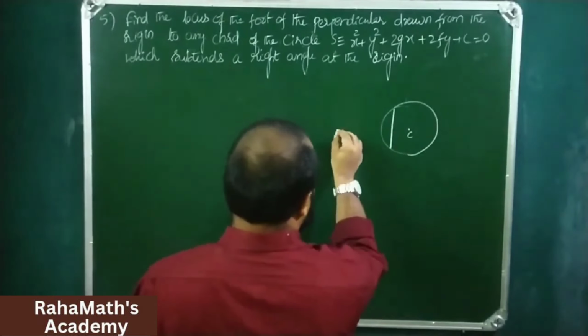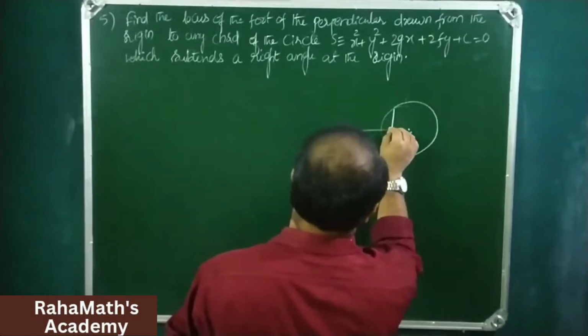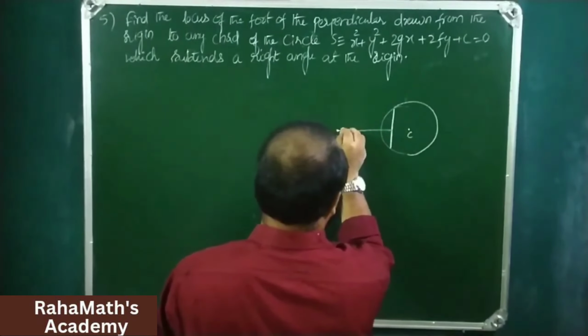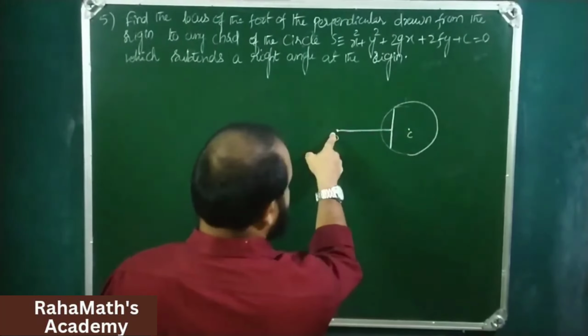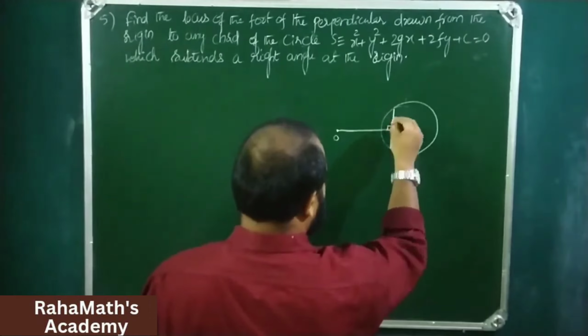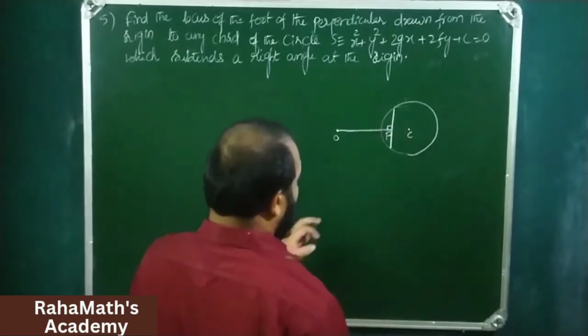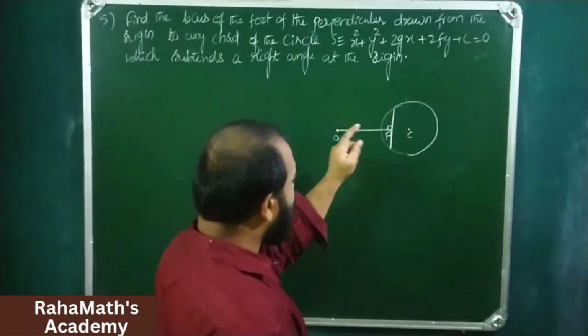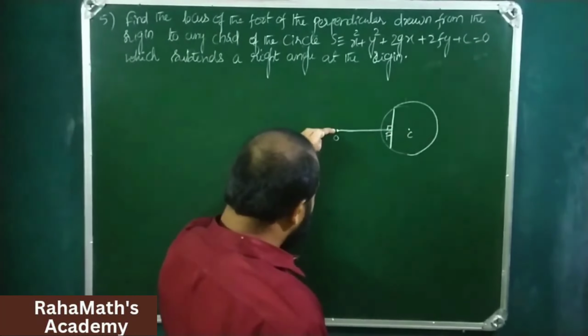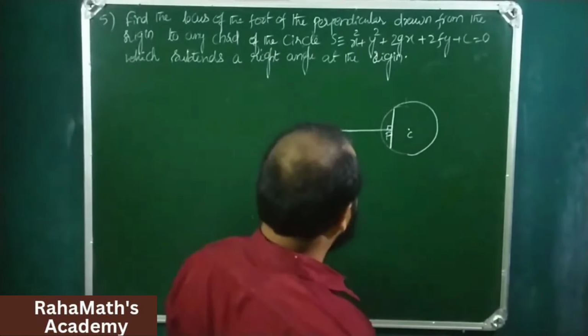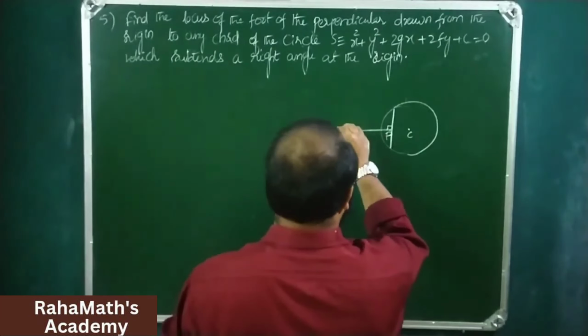If you join the line from the origin to this chord, then this is the foot of the perpendicular. Let us suppose that this is P. What is P? P is the foot of the perpendicular drawn from the origin to this chord.